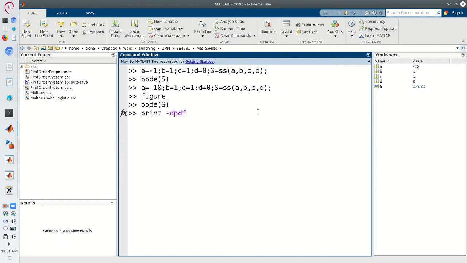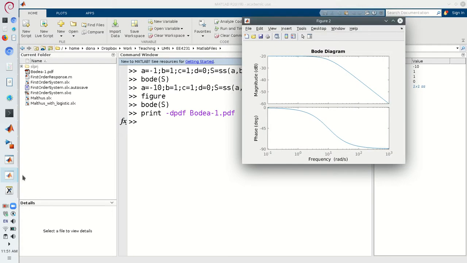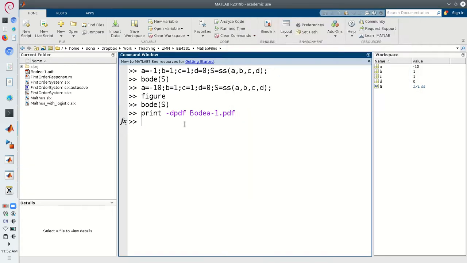I am actually sort of improvising a bit here, and that's going to be Bode a minus 1 dot PDF. And so this is the one, and this is instead the other one that now is my new current figure. I call this Bode a minus 10 dot PDF, and I hope that this works.